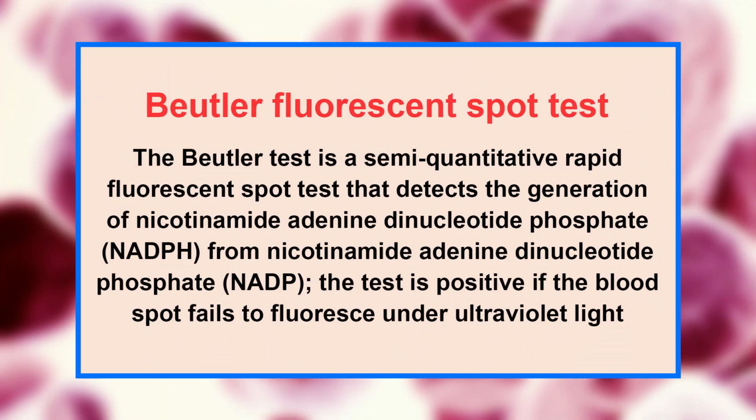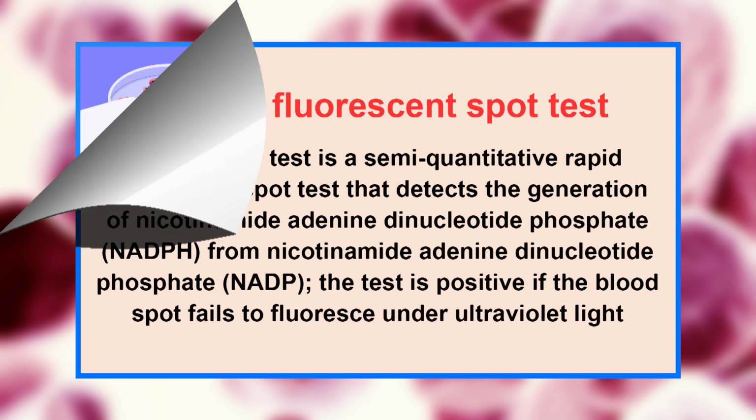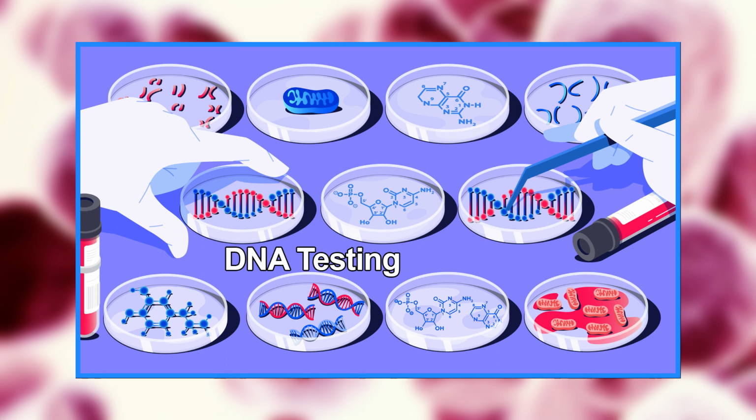When there are sufficient grounds to suspect glucose 6-phosphate dehydrogenase deficiency, a direct test for G6PD is the Butler fluorescent spot test, which has largely replaced an older test, the Motulsky dye decoloration test. Other possibilities are direct DNA testing or sequencing of the glucose 6-phosphate dehydrogenase gene.